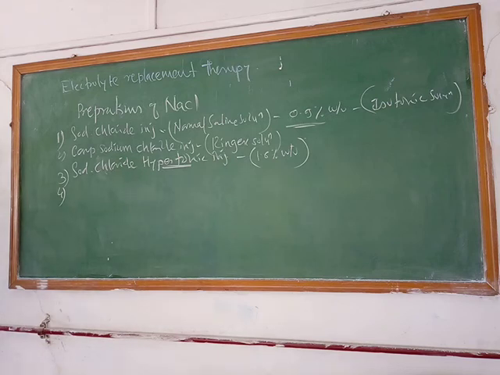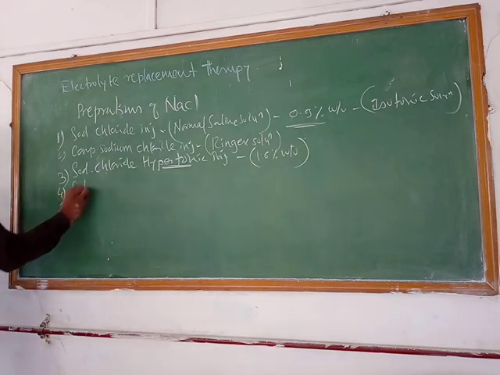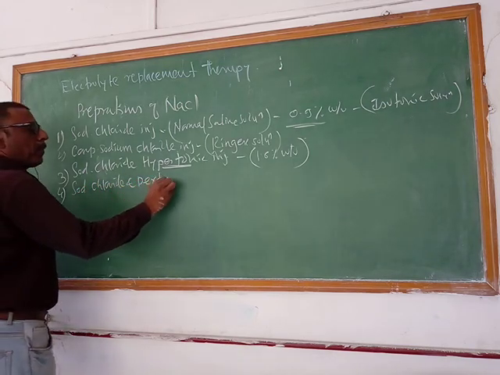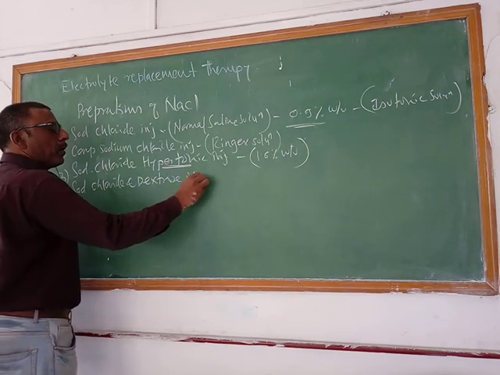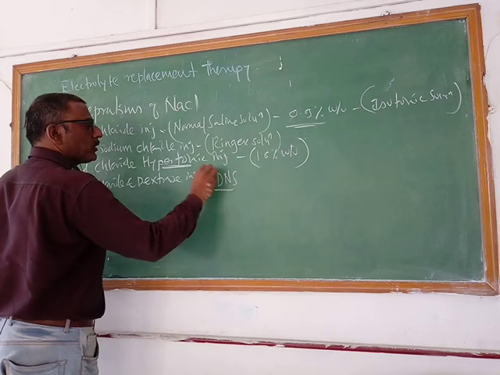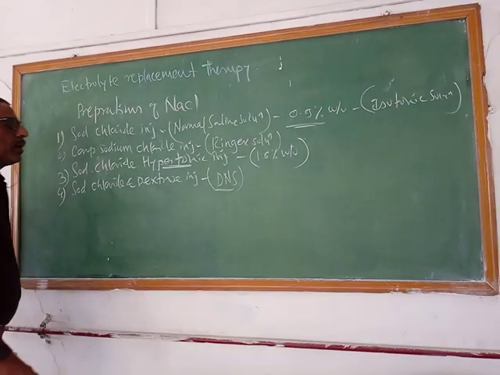Then sodium chloride and dextrose injection, also called DNS, dextrose with normal saline solution.